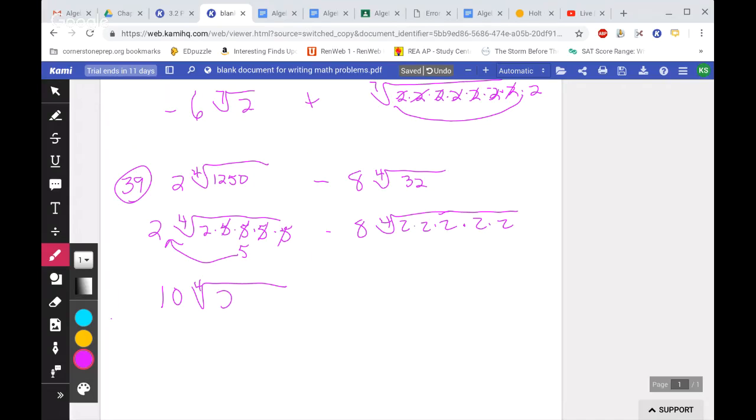And then the 4th root of 2 minus, and then I can pull 4 twos out here, so that's going to be 16.